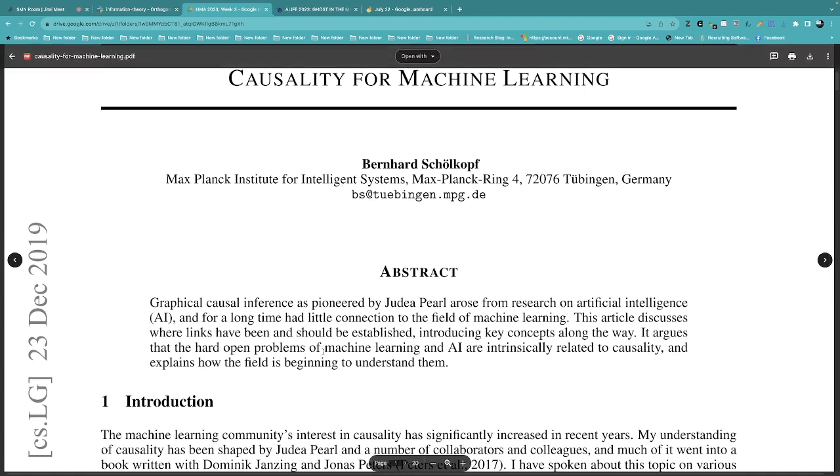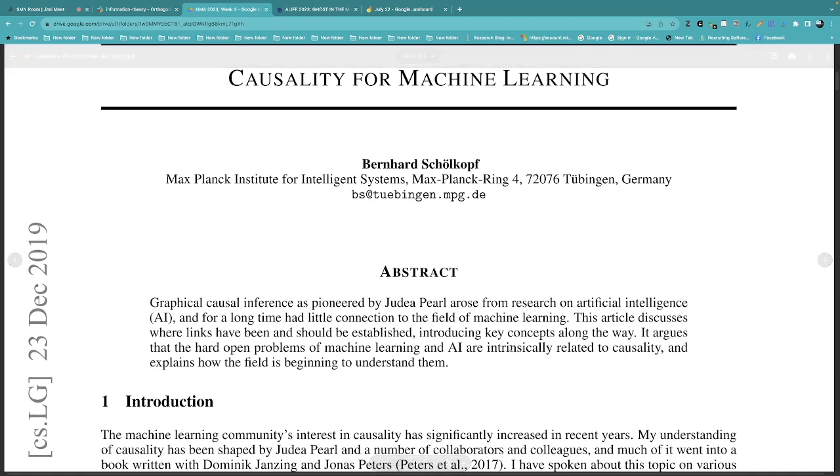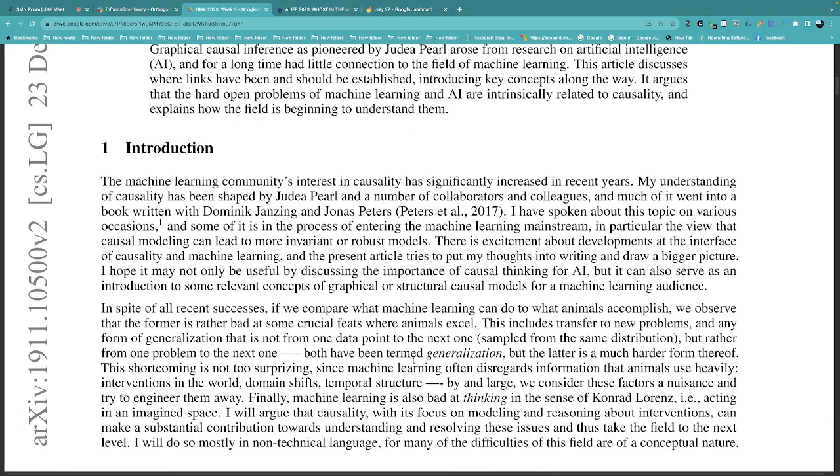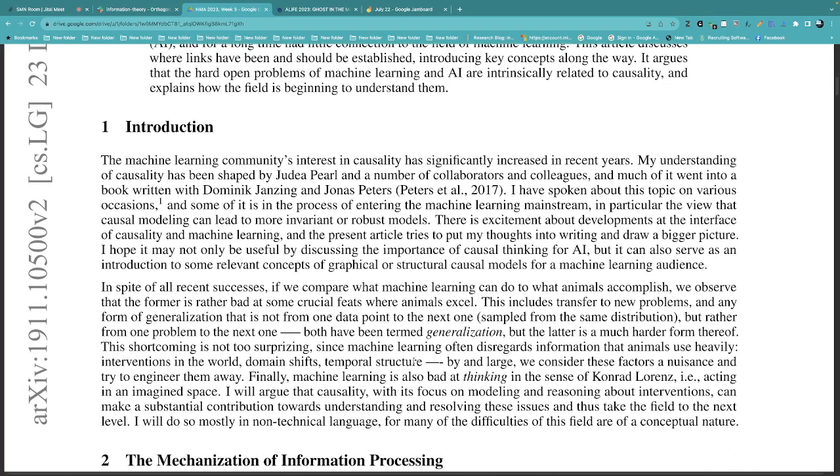This article argues that the hard open problems of machine learning and AI are intrinsically related to causality, and explains how the field is beginning to understand them. So this is an interesting take on it. Again, like I said, it has a lot to do with generalization.